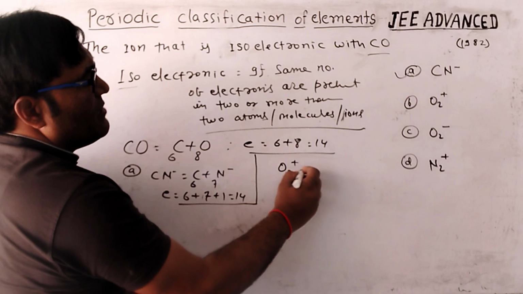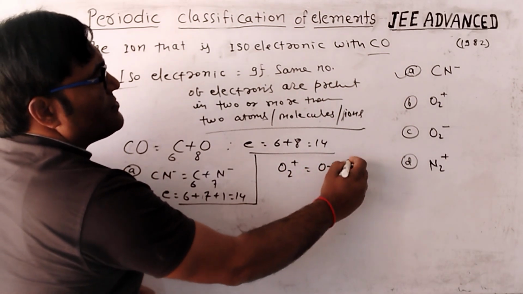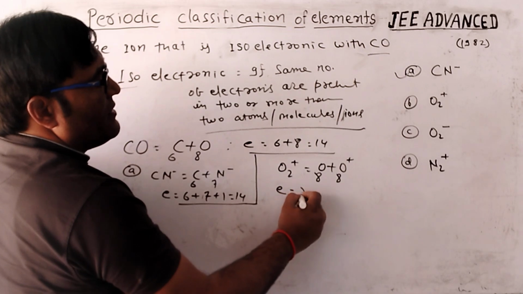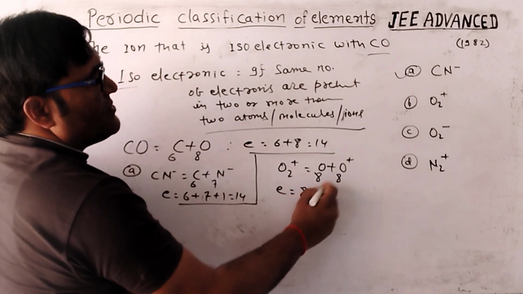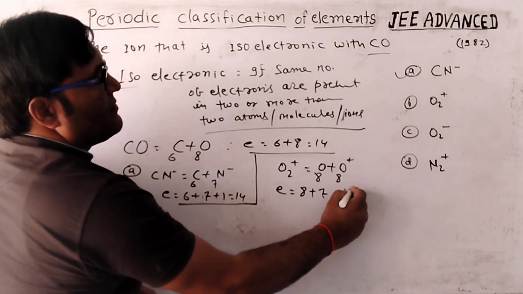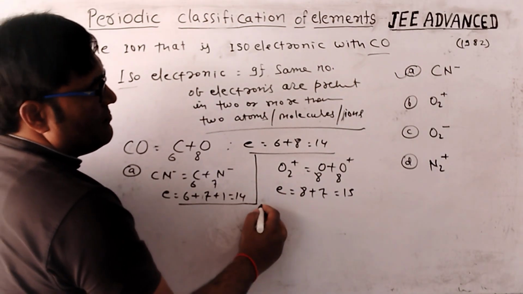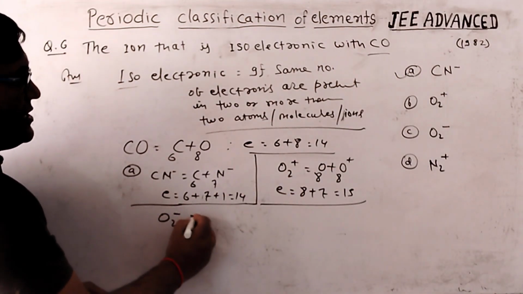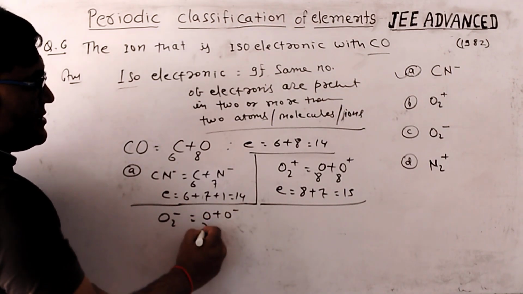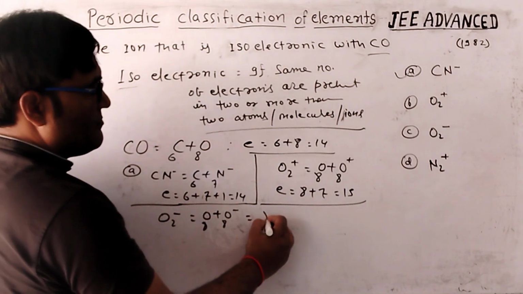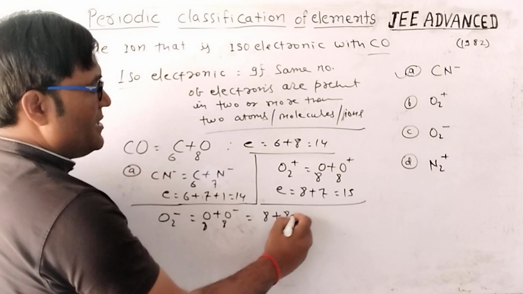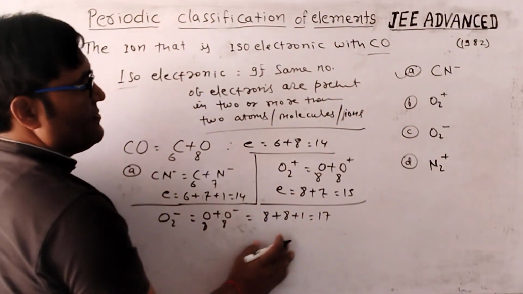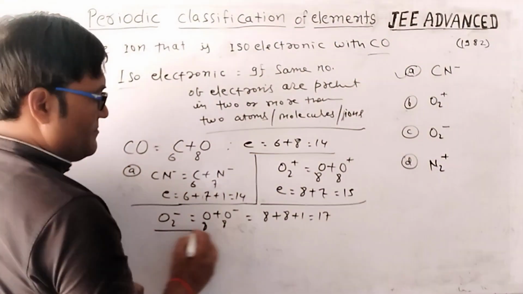In the case of O2 single plus, 8 and 8, electrons are 8 plus 8 minus 1, 15 electrons. Now in the case of O2 single minus, 8 and 8, 8 plus 8 plus 1, so electrons are 17.